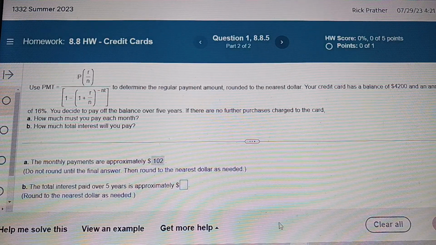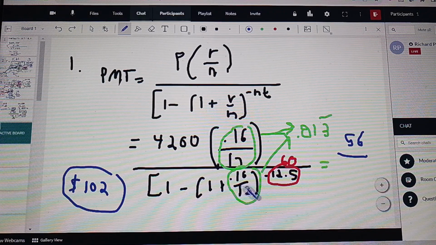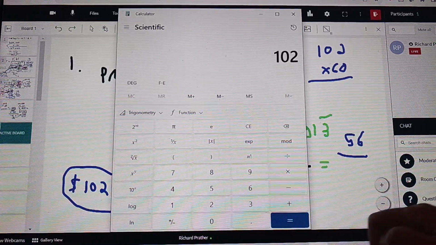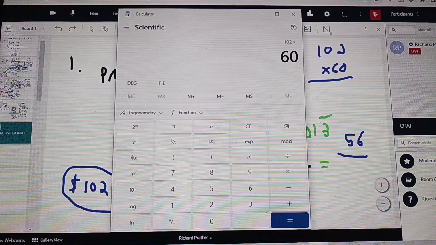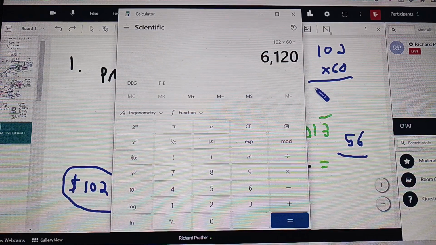But how much interest are you going to pay? Because you only owe $4,200, but 102 times 60 is going to be more than $4,200. In fact, it's more than $6,000 because 100 times 60 is 6,000. If you pay $102 60 different times, you'll end up paying this credit card company $6,120.